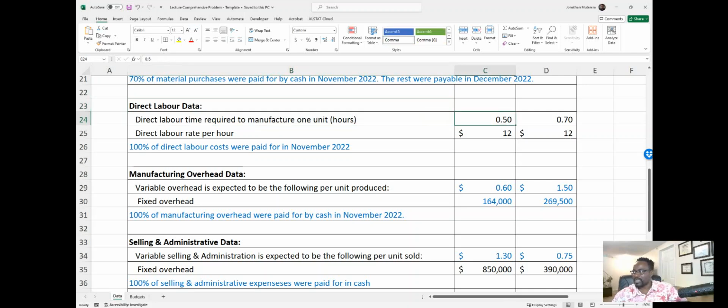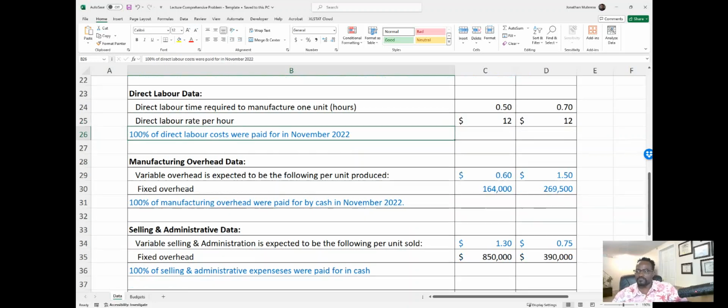For each unit of product A, the time is 0.5 hours, and for product B, it's 0.70 hours for each unit. We also have the labor rate per hour, how much these employees are being paid, and then we're told how these wages are going to be paid. 100% of these wages are paid in November.